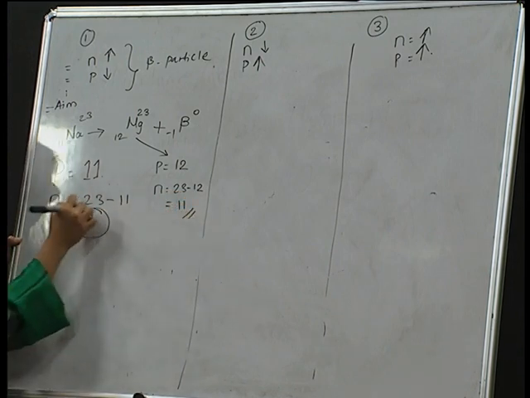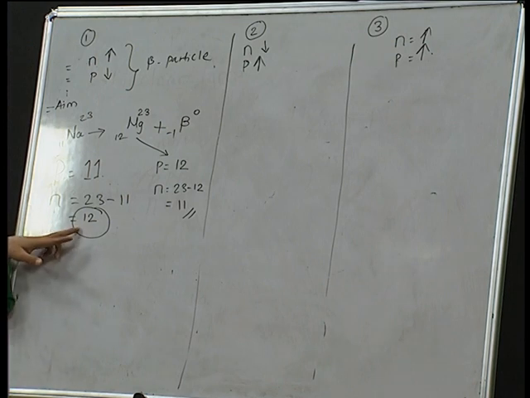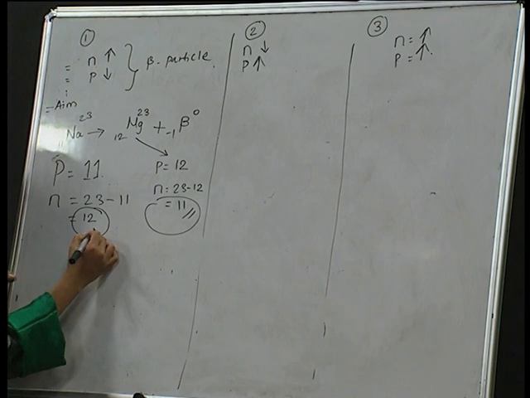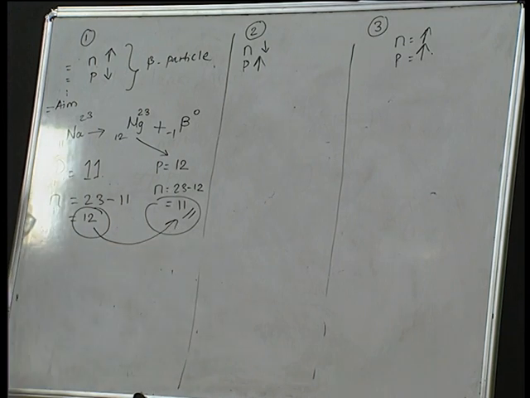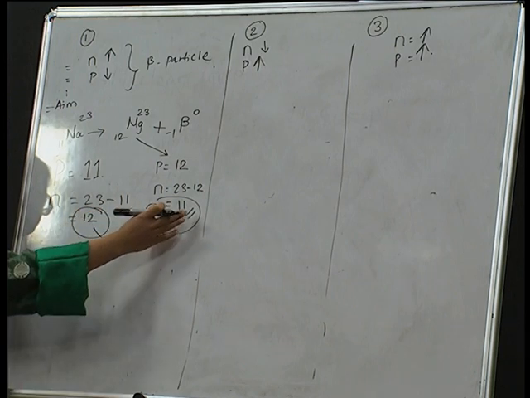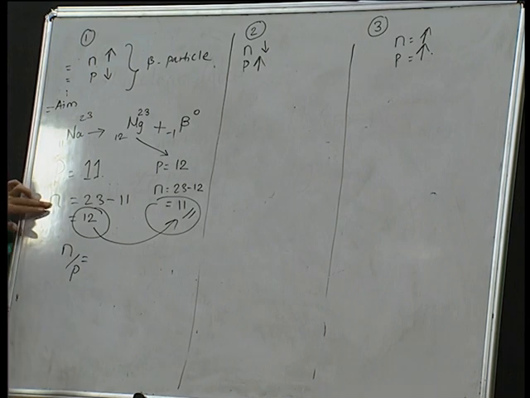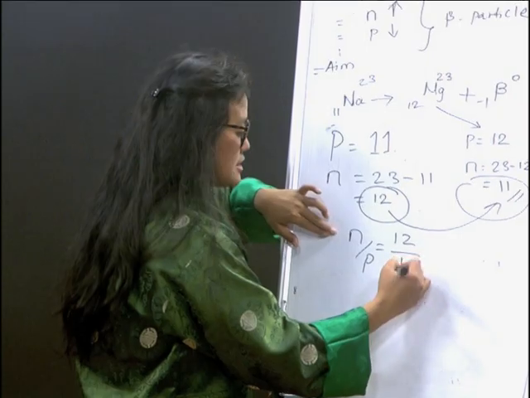So previously the number of neutrons was 12. After emitting beta particle, the number of neutrons has decreased. When you find the n by p ratio here, n is 12, p is 11.